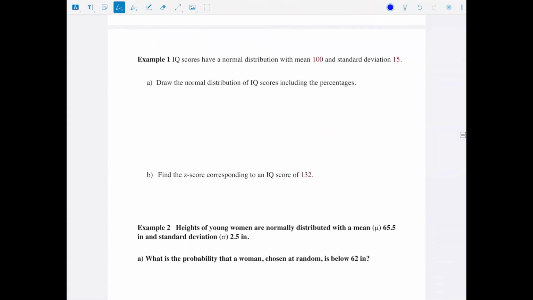Example 1. IQ scores have a normal distribution with mean 100 and standard deviation 15. Draw the normal distribution of IQ scores, including the percentages. So if I ask this on a test, simply what I want you to do is draw what looks to be a normal distribution. In the middle here is my average, my mean, which is 100. Within one standard deviation, so 15 below 100 is 85, and 15 above is 115.